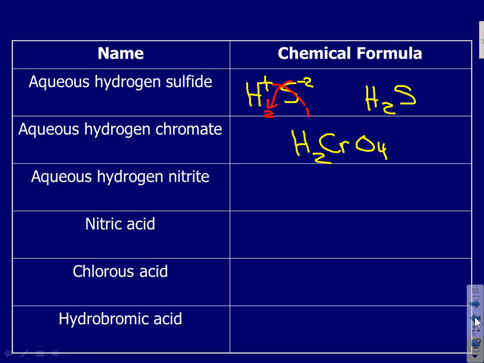Again, hydrogen, H. You have a nitrite there. I only need H1, right? So what's the formula then for the nitrite?